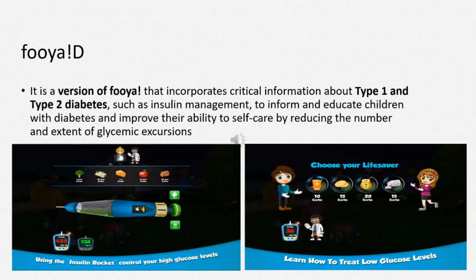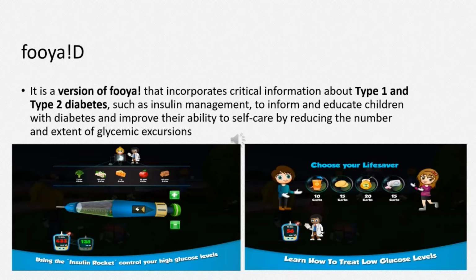So another important aspect of Fuya D is helping these children learn how to dose insulin so that they can maintain balance and stay in the safe zone as far as their glucose levels are concerned.